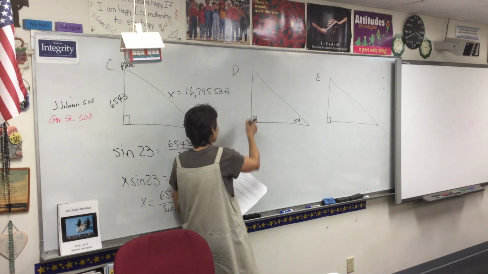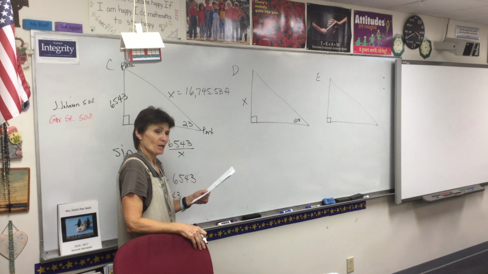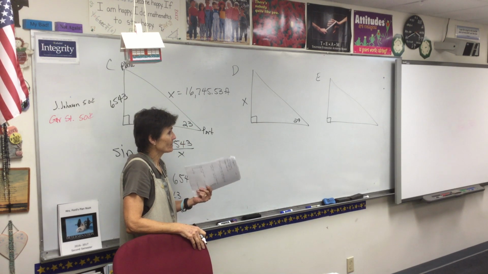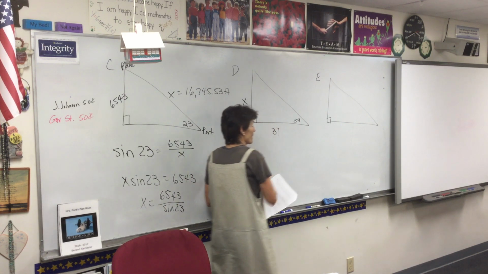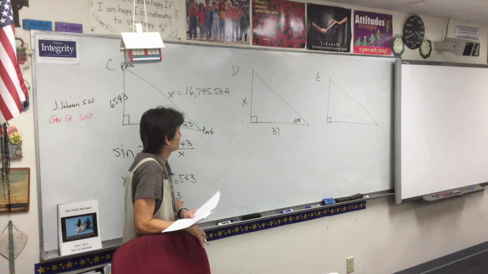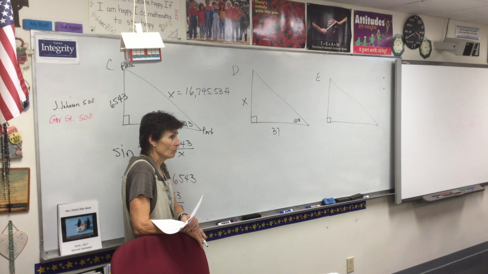And we want to find the height of a flagpole. Then the shadow is 31 feet. Where does that go? On the bottom, on the ground. Shadows are on the ground. Does that picture make sense to everybody? Find the height of the flagpole.